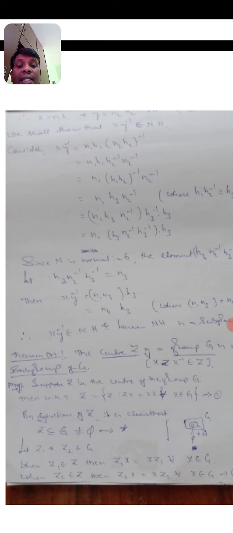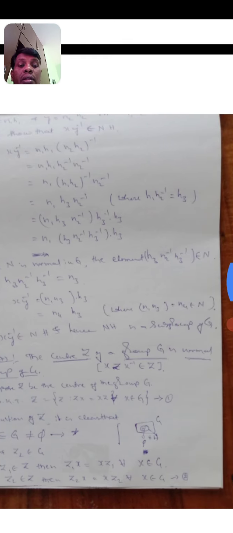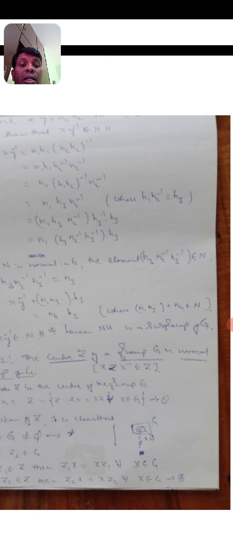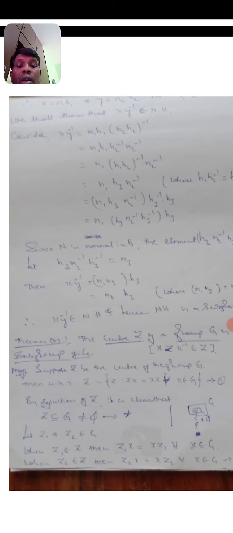Since N is normal in G, the elements h3 n2 inverse h3 inverse belong to the normal subgroup N. Let h3 n2 inverse h3 inverse equal n3.